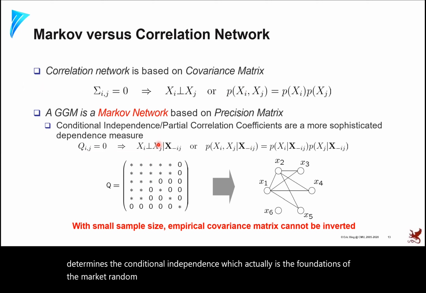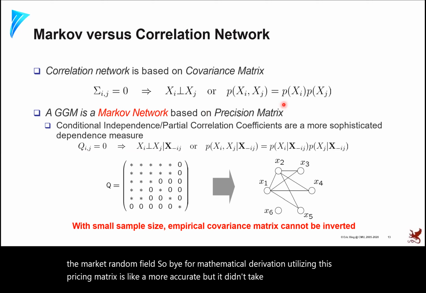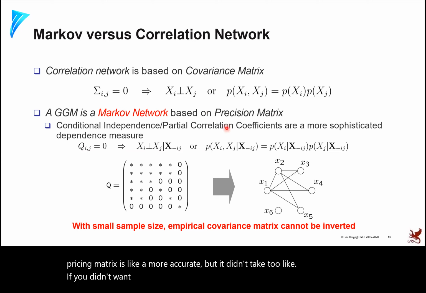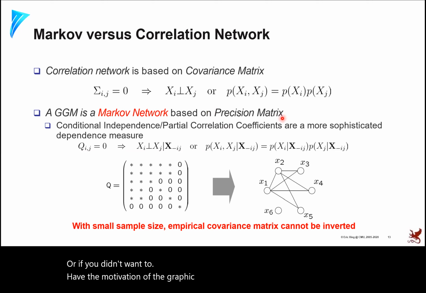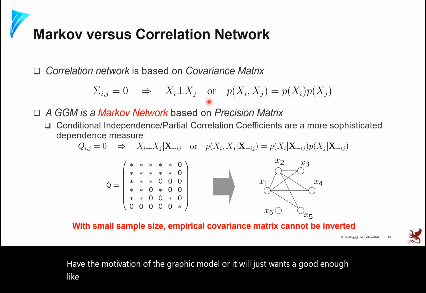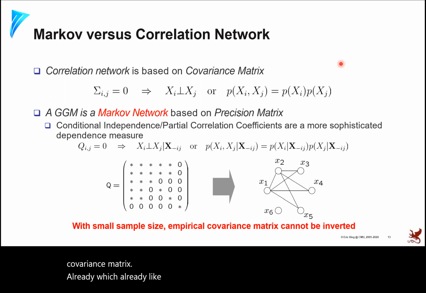So from mathematical derivation, utilizing the precision matrix is more accurate. But if we don't need the motivation of the graphical model, and we just want a good enough network, probably we can just have a simple baseline utilizing the covariance matrix, which already determines the interaction between two nodes.